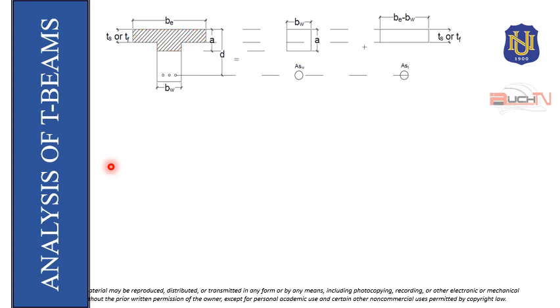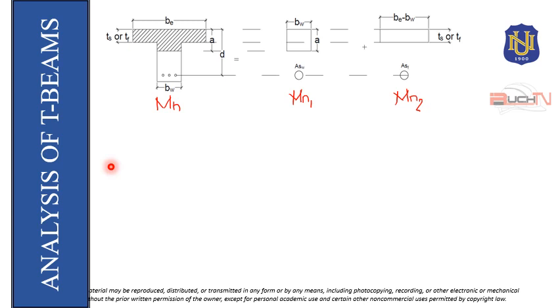So, for this method, since this will be the nominal moment, then this will be the diagram for the first nominal moment, and this will be the diagram for the second nominal moment.